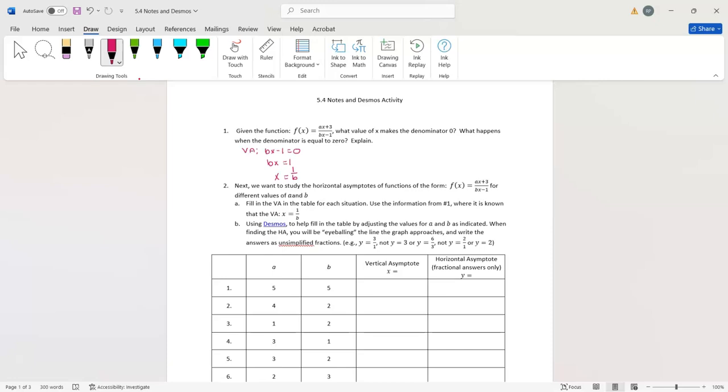What happens when the denominator is equal to 0? Well, one thing is that a vertical asymptote is created.